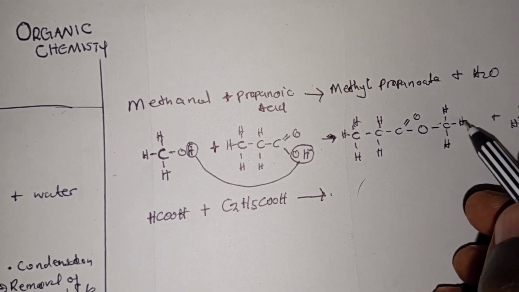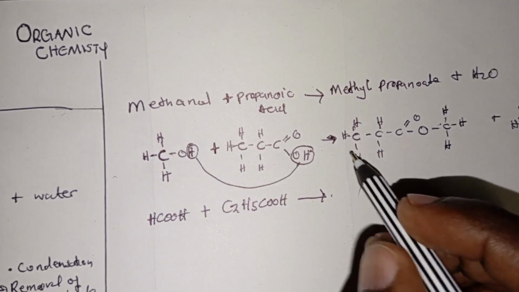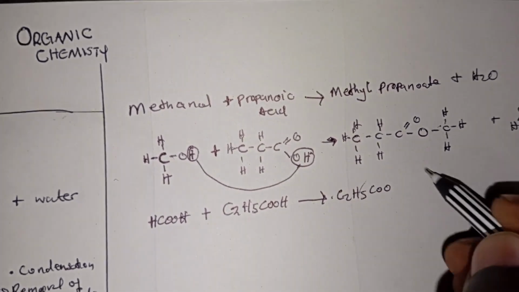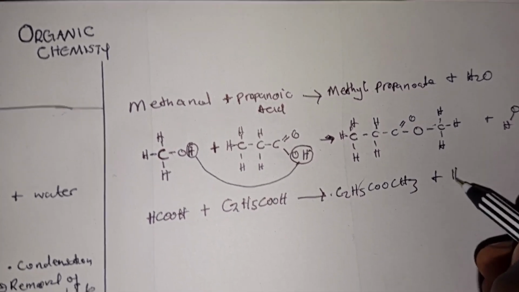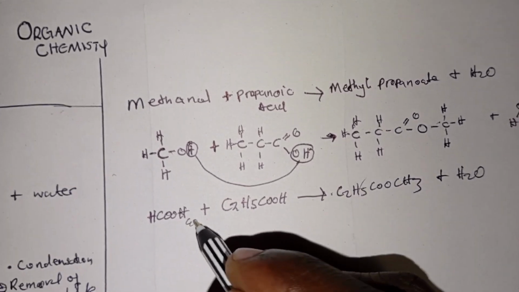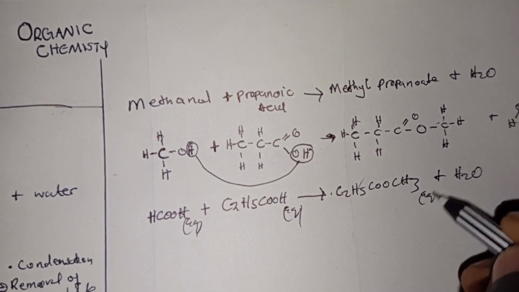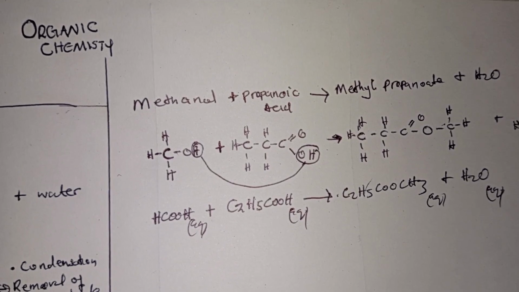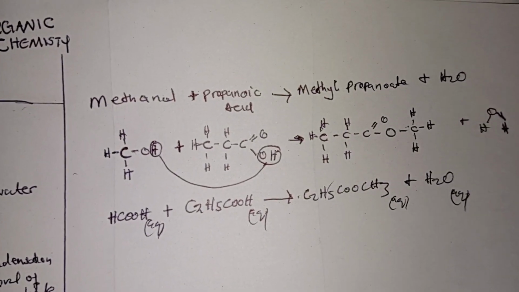Here you start with the acid first, okay, which is C2H5COO and CH3, okay, plus water. Okay, so these are in aqueous state. The good part about these is that they come already balanced after you form the structure. Okay, so that's on the esters.